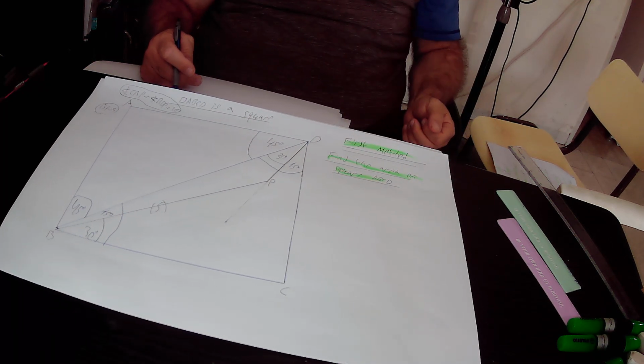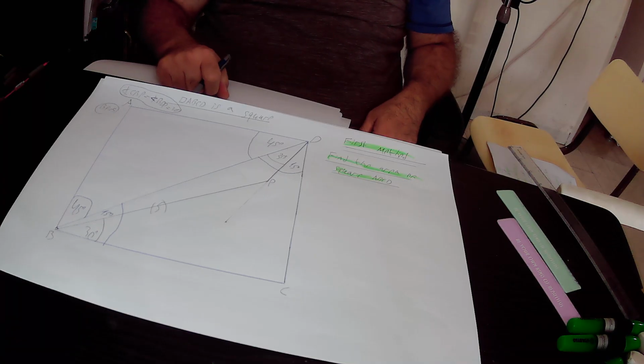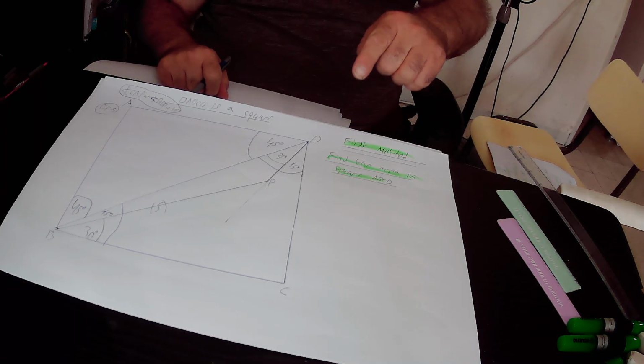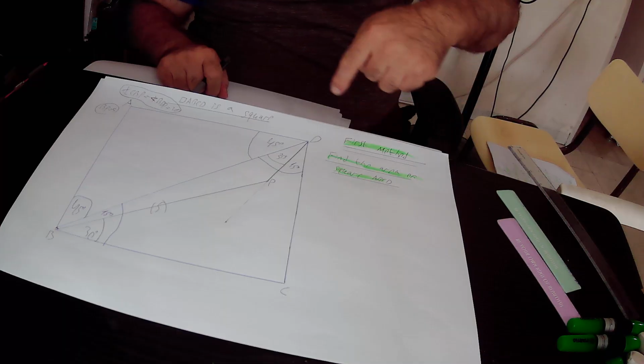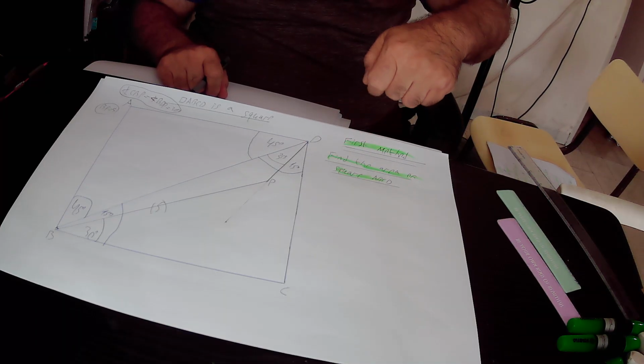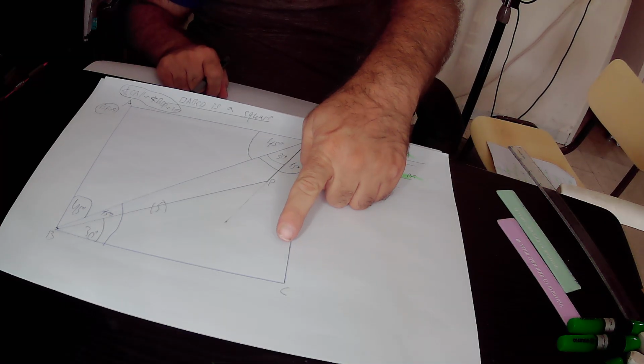In the next step, we will do a construction. From the vertex C of square ABCD, we will draw the angle bisector of this angle DCB.